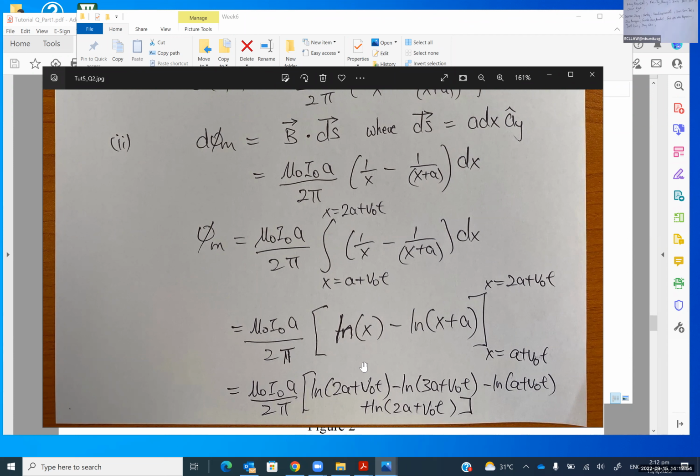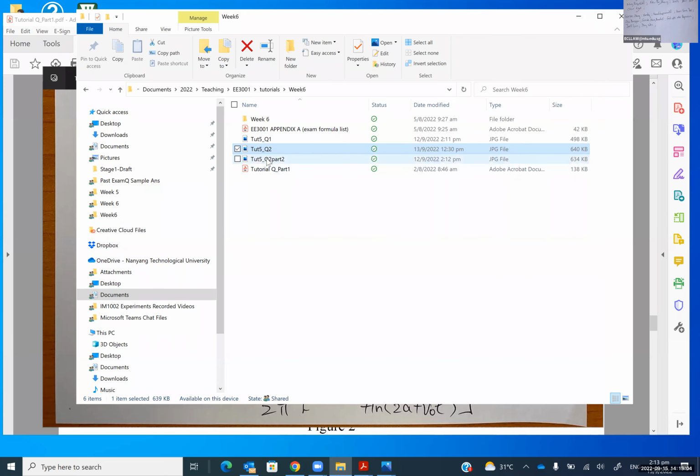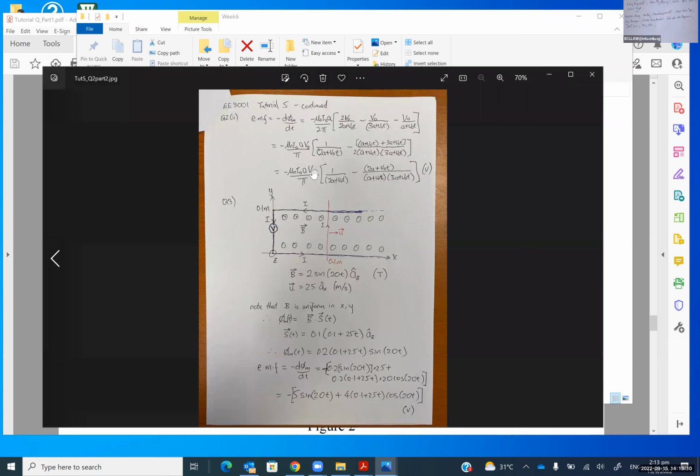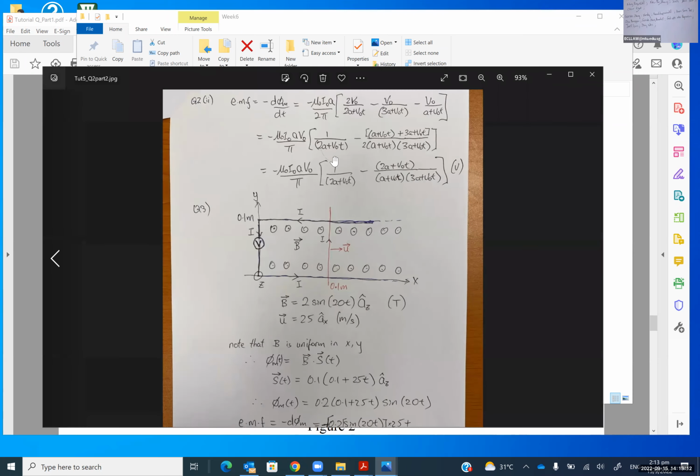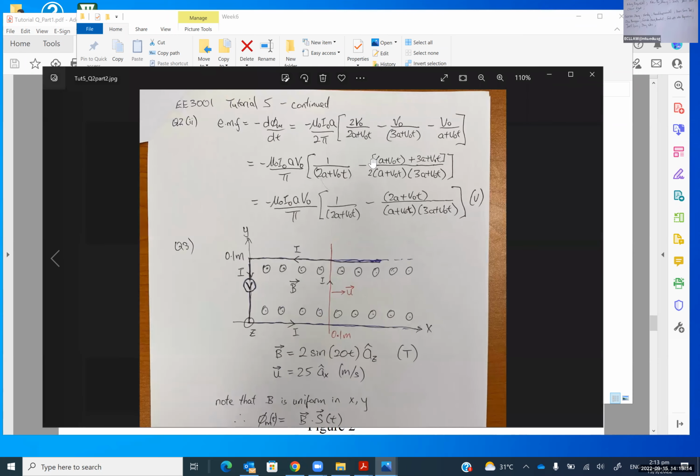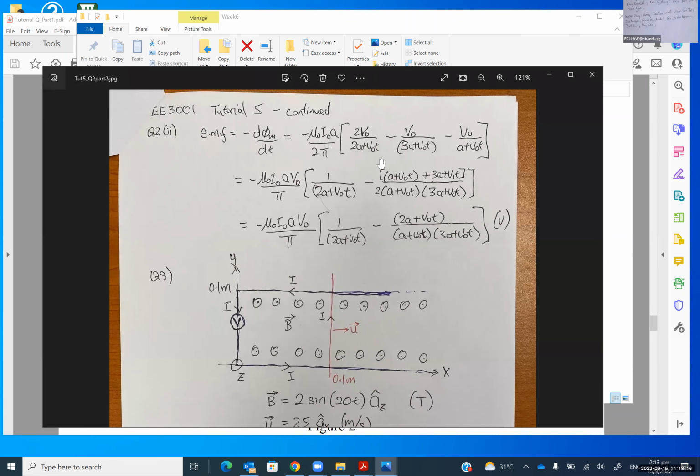With time, after this we're going to find d phi by dt, differentiating with time. It's a straightforward differentiation. You integrate the term, you get ln; you differentiate ln, you get 1 over the term.